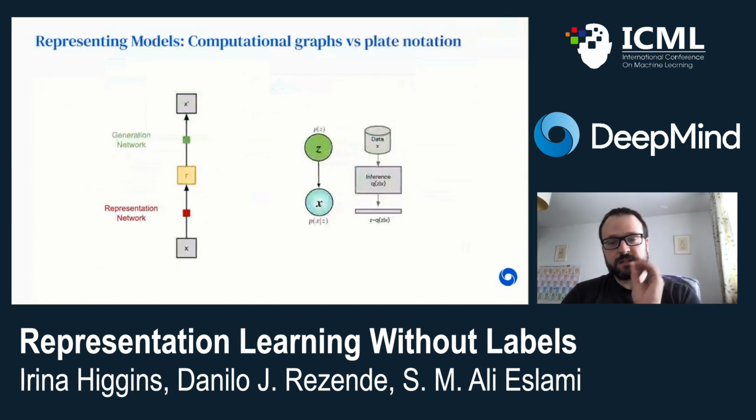So in the first part of this talk, Ali talked about autoencoders, and he used graphs like the one on the left here. These graphs are computational graphs. So this graph is how we implement the model in the computer.